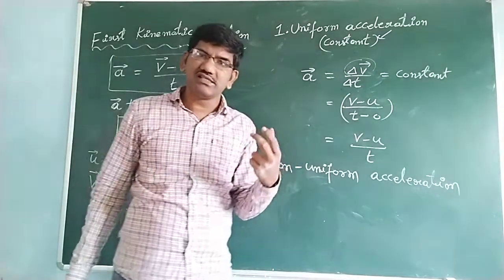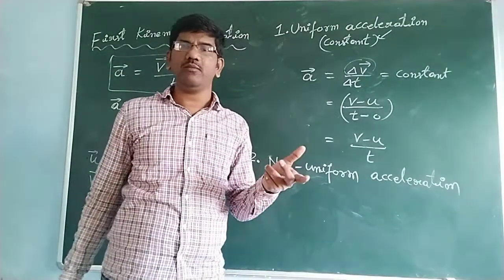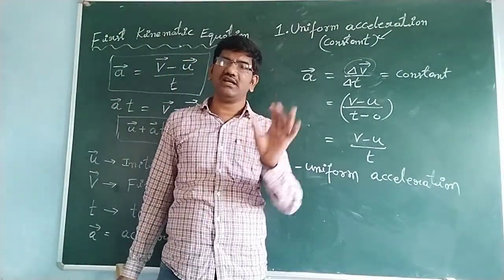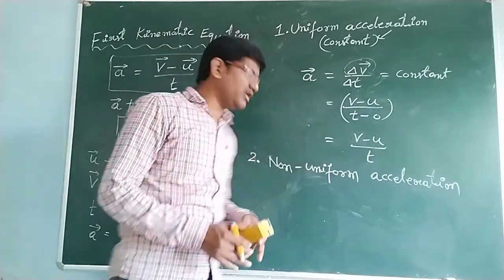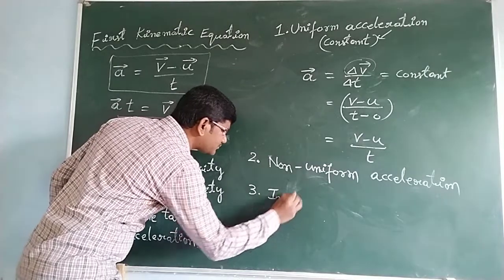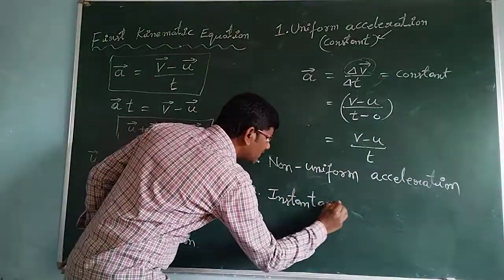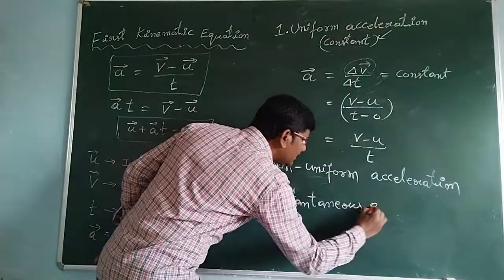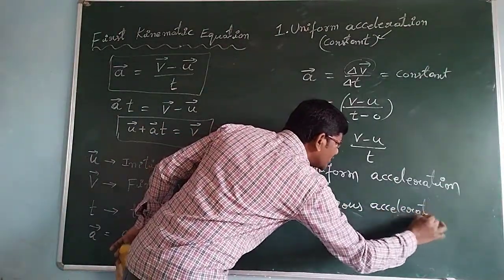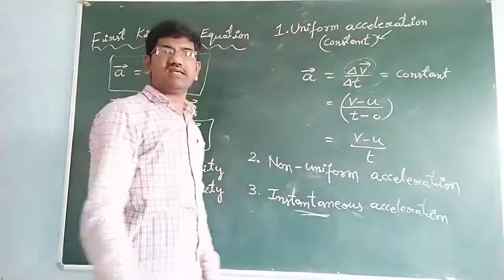Then it is said to move with non-uniform acceleration or variable acceleration. At that instant, if you find the acceleration at any time, it is called instantaneous acceleration. So the acceleration of an object at any time is called instantaneous acceleration.